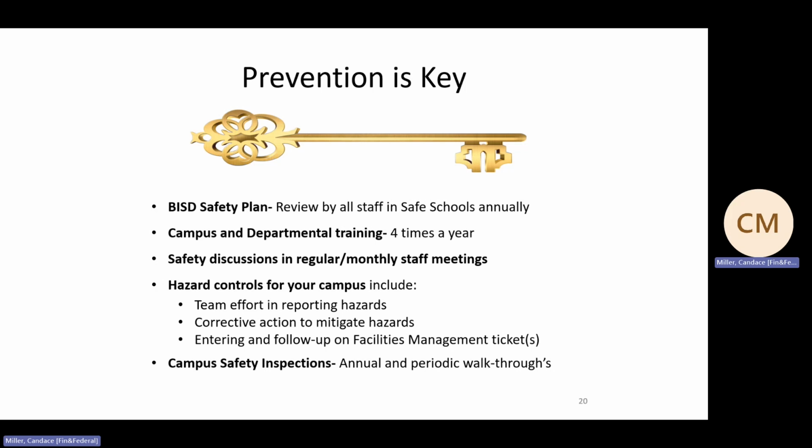Hazard controls for your campus include a team effort in reporting hazards, corrective action to mitigate hazards, and entering and following up on facility management tickets for construction and repairs. Campus safety inspections are due annually. We just completed our campus safety inspection. Those include periodic walkthroughs that are helpful in recognizing hazards and keeping safety in check.